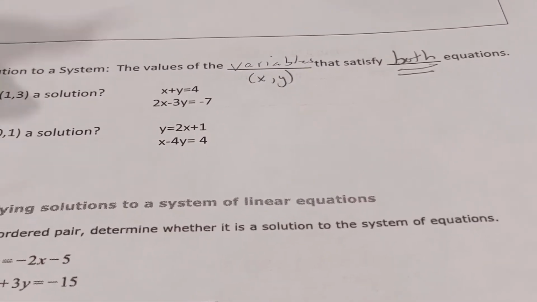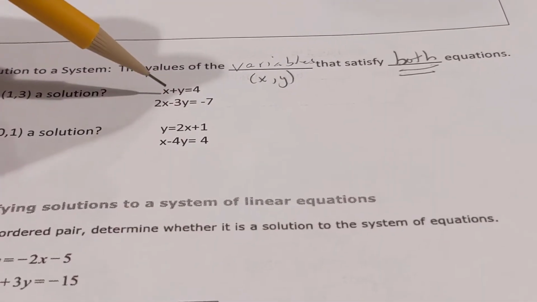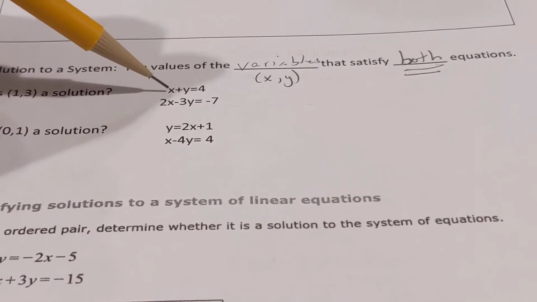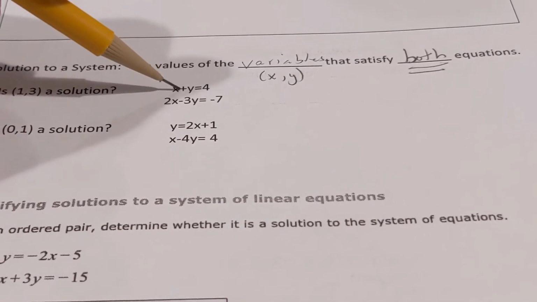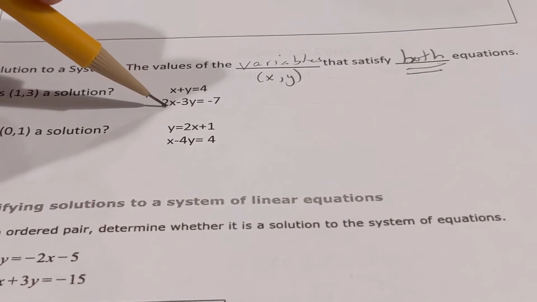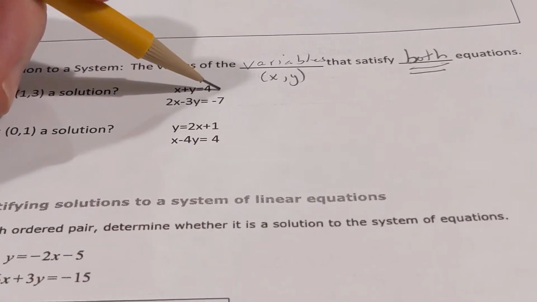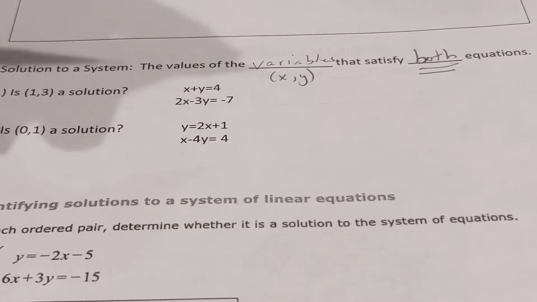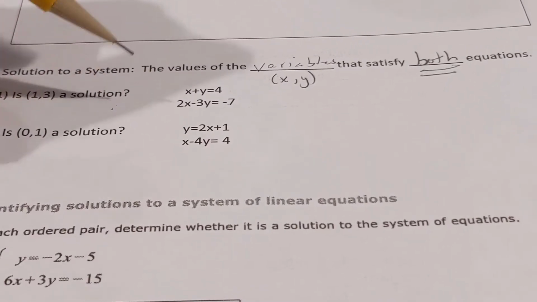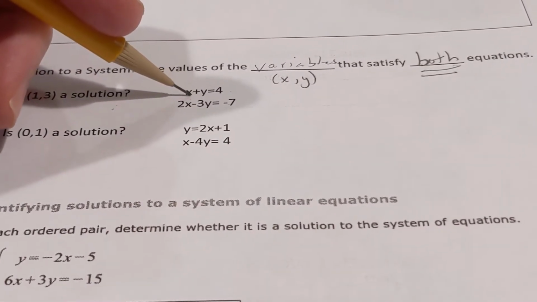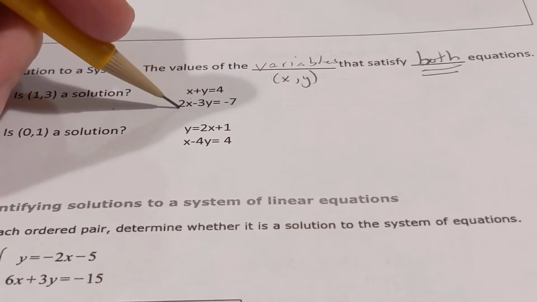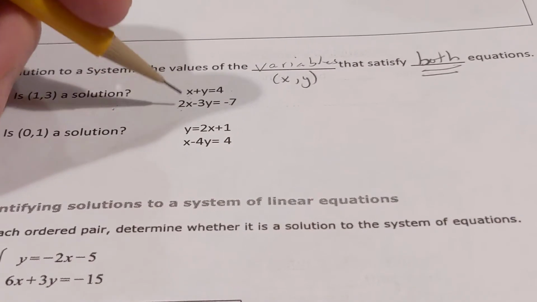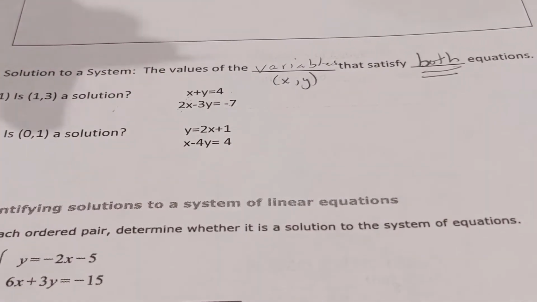We substitute into both the top equation and the bottom equation, and we have to get a true statement for the top one and a true statement for the bottom one in order for it to be a solution. If we get a true for the top one and a false for the bottom, it's not a solution. We have to get trues for both of them.